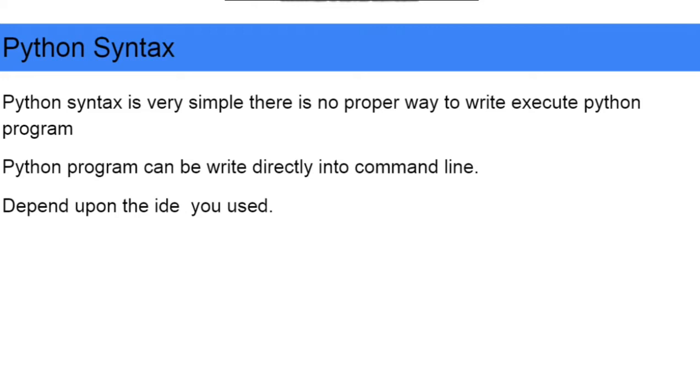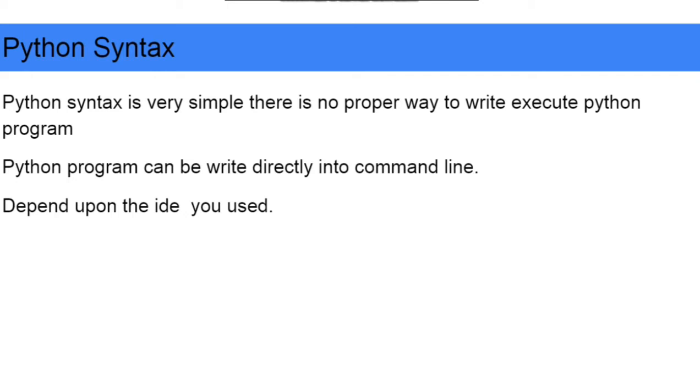These languages are very complicated compared with Python, because in Java and C++ you write the header files, you write the default code, that is the main function, and a lot of things when you are writing code for programming. In Python there is no proper way to write your code. It's quite funny, but it is right.